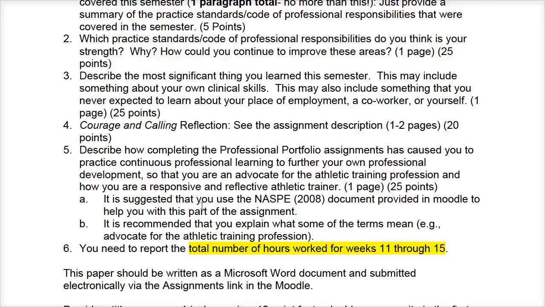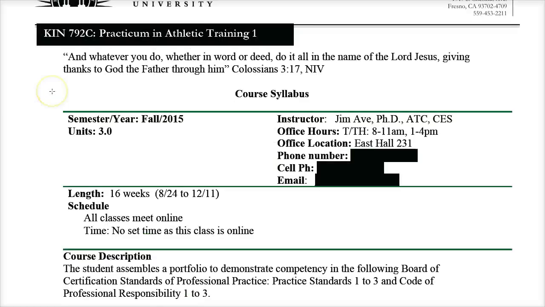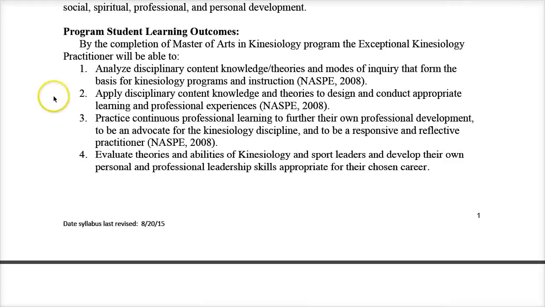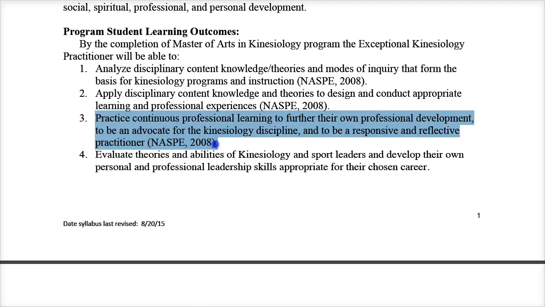So that language there actually comes from our program student learning outcomes, number 3 here. I made it more specific in the assignment for athletic training versus kinesiology discipline. But this language is based off the NASP as it's called, the National Association of Sport and Physical Education.